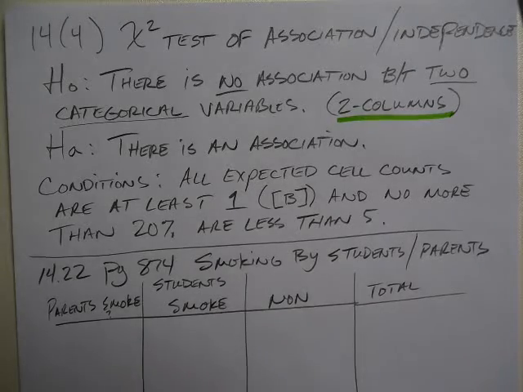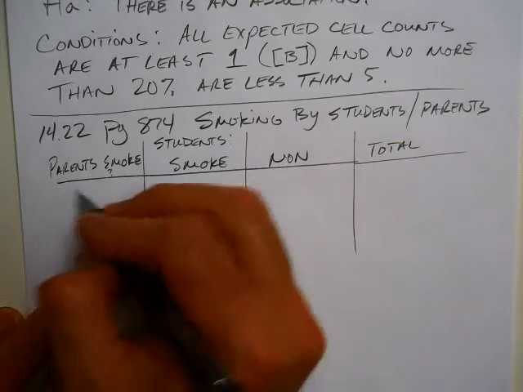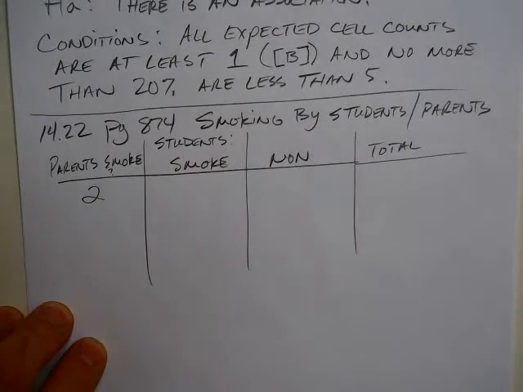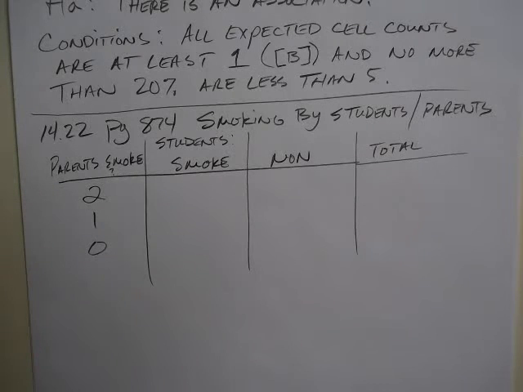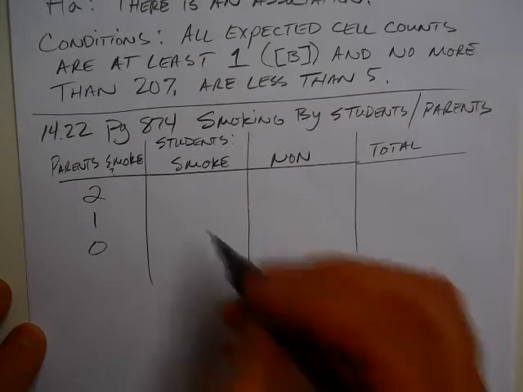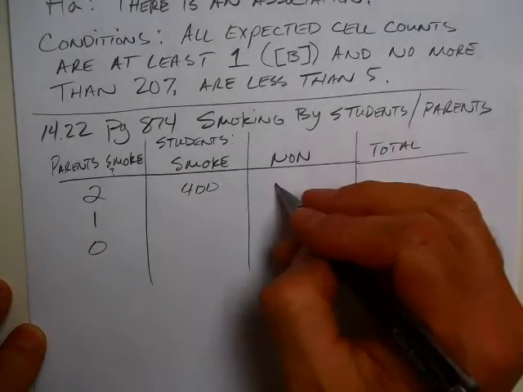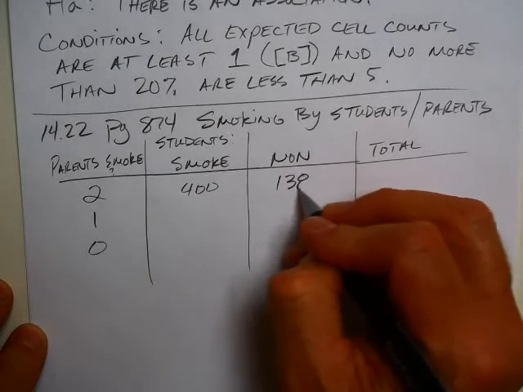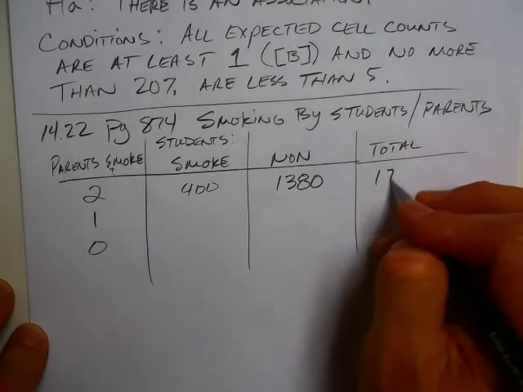The rows are: both parents smoke, 1 parent smokes, and 0 parents smoke. The data given is that we have 400 students who smoke where both parents smoke, and 1380 for non, for a total of 1780.